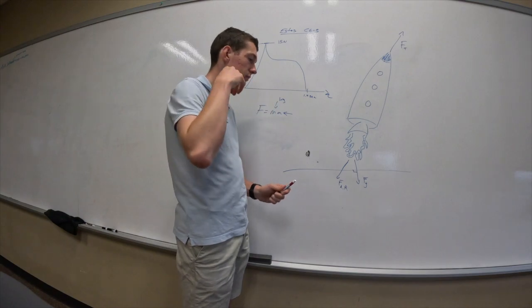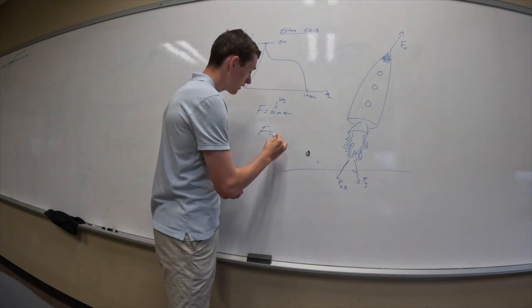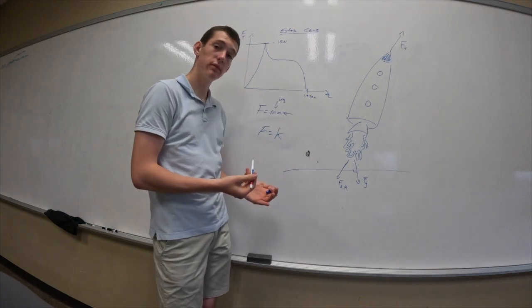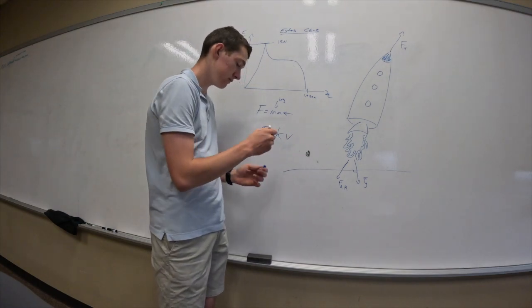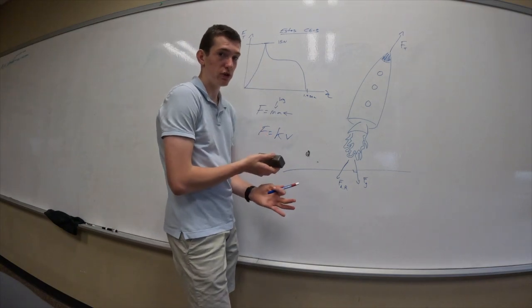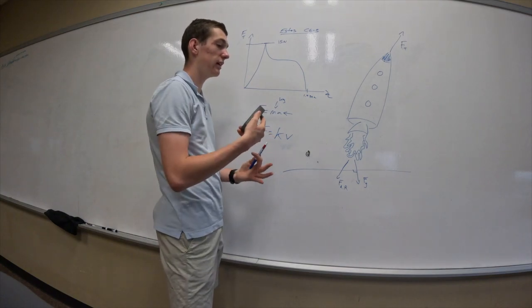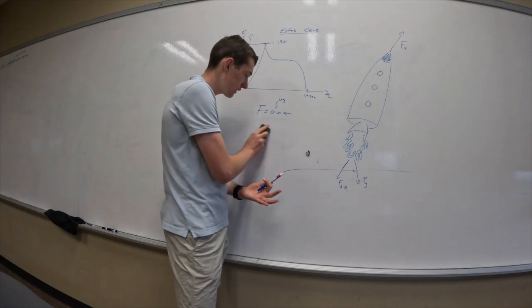Or you'll mostly see force of air resistance written with some sort of constant times velocity. That is a much nicer version, but it's much more difficult to get to.